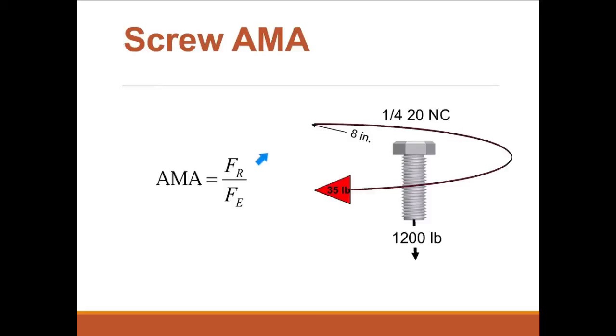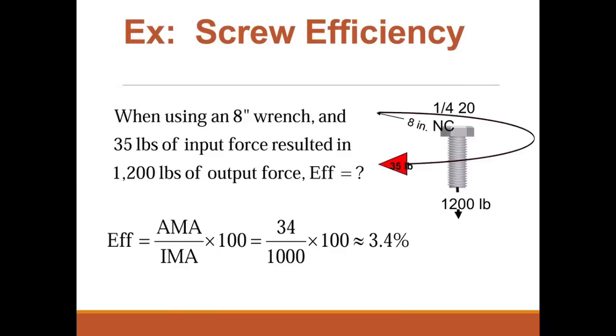So I'd put that on top. And then my force effort is 35. So 1,200 divided by 35 equals 34.